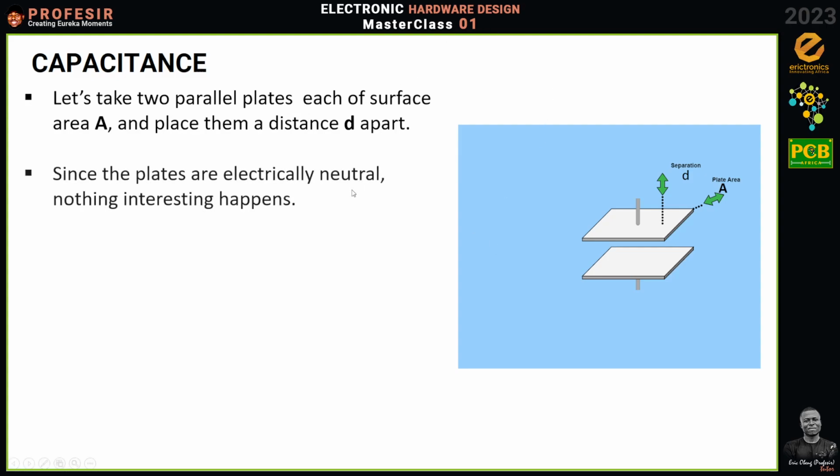With this point established, one thing that we know is that since these materials or plates are electrically neutral, that is, they have an equal number of positive and negative charges, we talked about this in the previous session. They will remain neutral. That means even if I put them together, there's not going to be any form of charge buildup, any electric field, or coulombic repulsion or attraction.